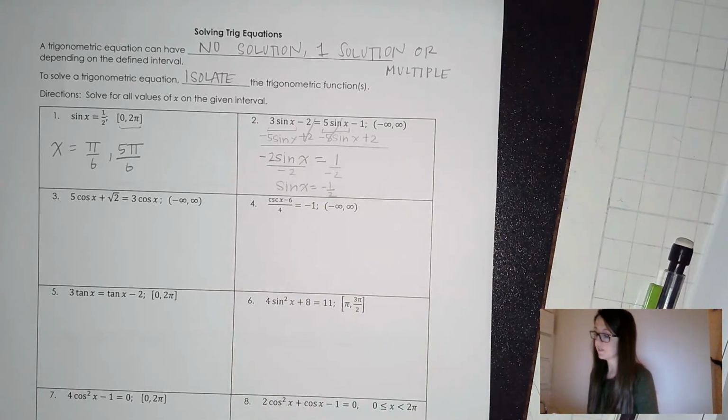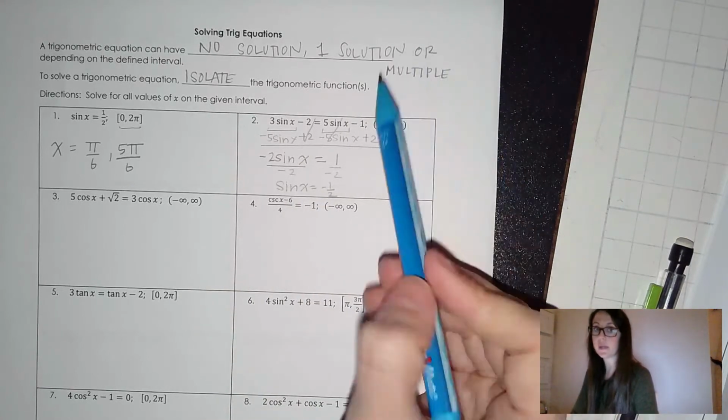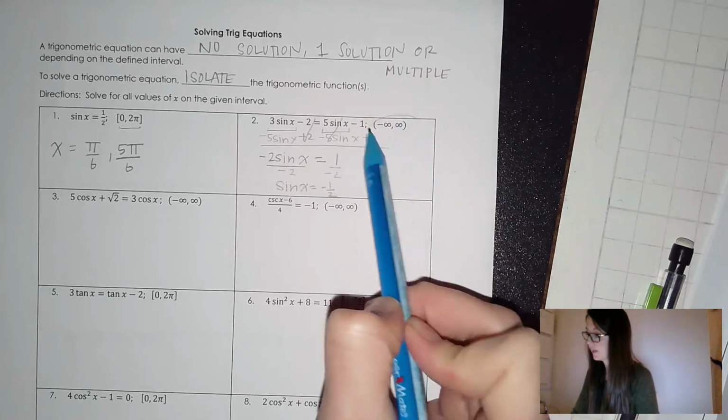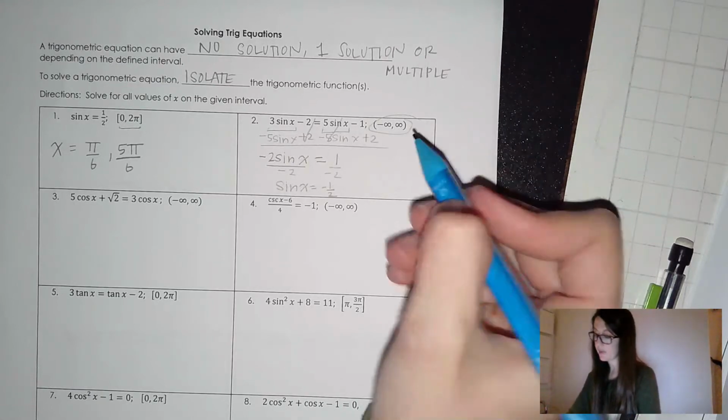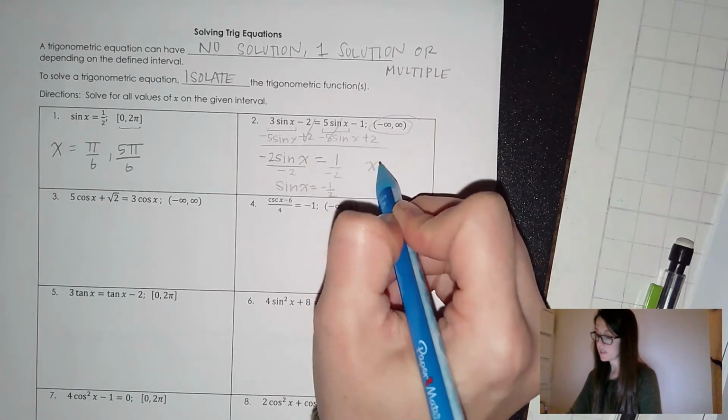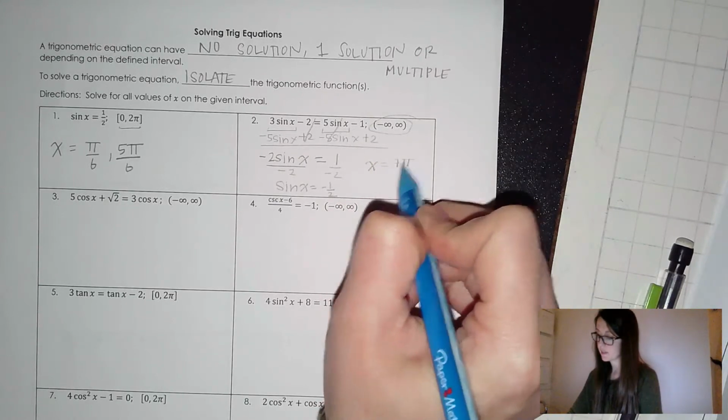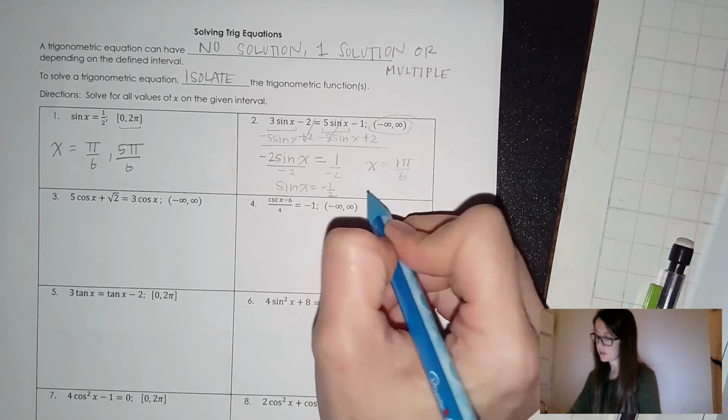So where is sine of x going to be equal to a negative 1/2? My interval here is going to be from negative infinity to positive infinity. So for that one, it's going to be a lot of different answers, but I need to go ahead and find the two values that it's going to be. Where is sine going to be equal to a negative 1/2? That is going to be 7 pi over 6. I kind of gave away my answer just a second ago.